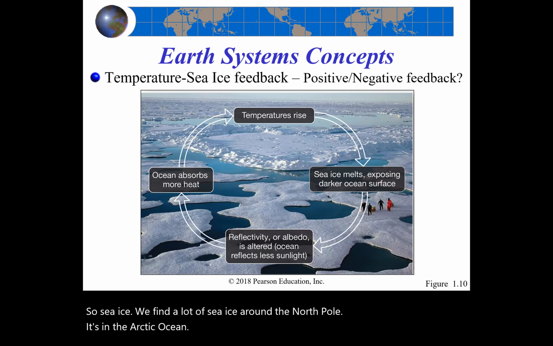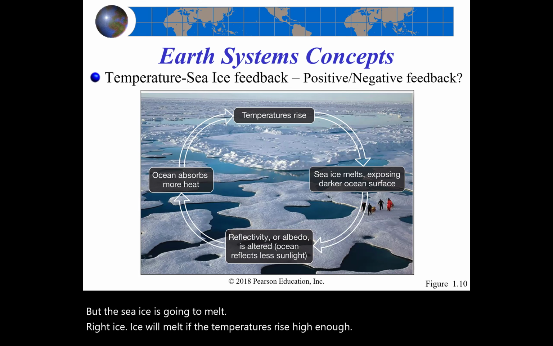And when the global temperatures rise, it also means the ocean temperatures are rising, and the sea ice is going to melt. Right? Ice will melt if the temperatures rise high enough.